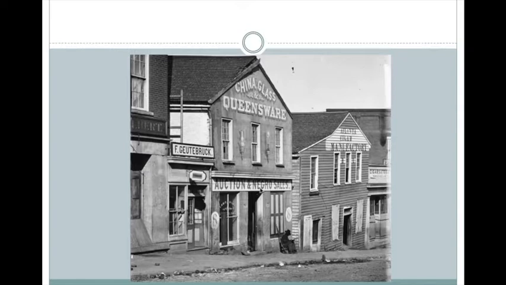Slave auctions worked very similarly to cattle auctions. I don't know if any of you have been to a cattle auction, but it was conducted in a similar manner. There would be an auctioneer. The auctioneer would call out prices, and slave traders would bid on slaves.